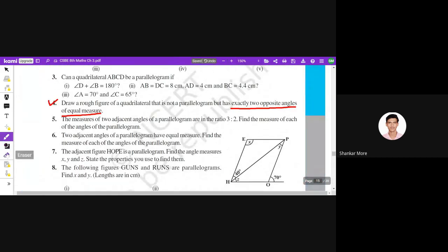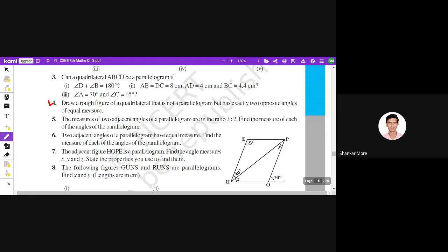Okay. Now the fifth one. The measures of two adjacent angles of a parallelogram are in the ratio 3 to 2. Find the measure of each of the angles of the parallelogram.